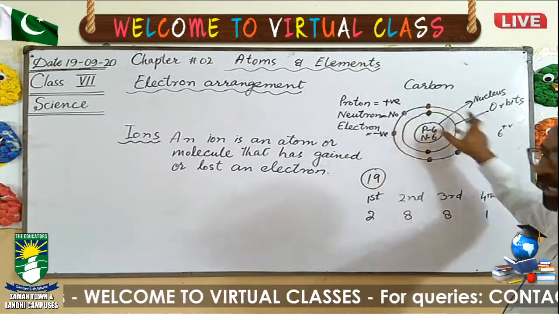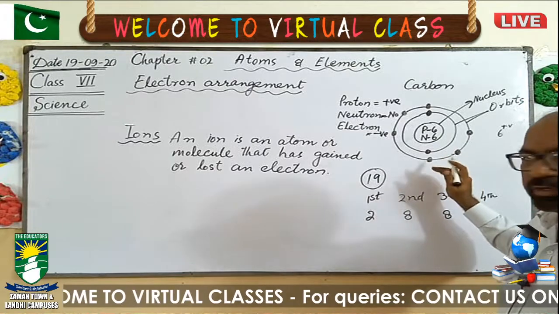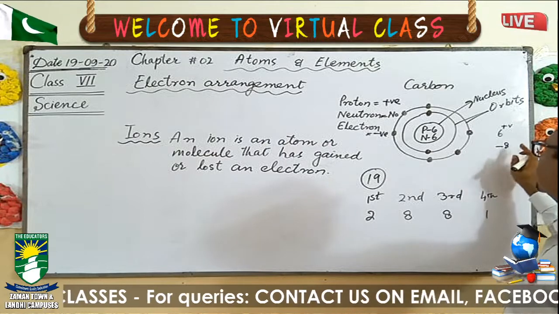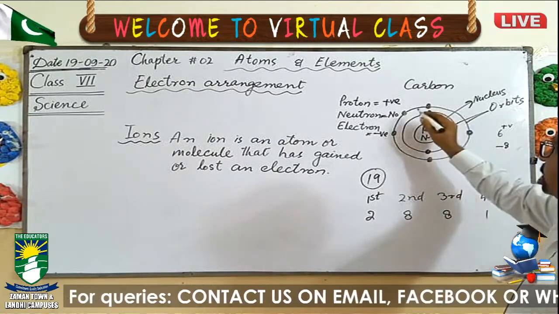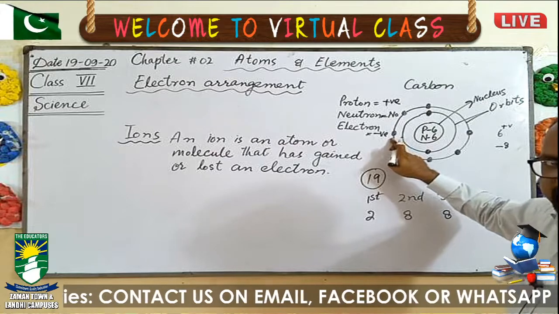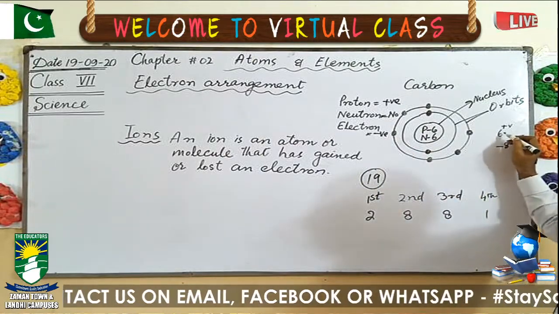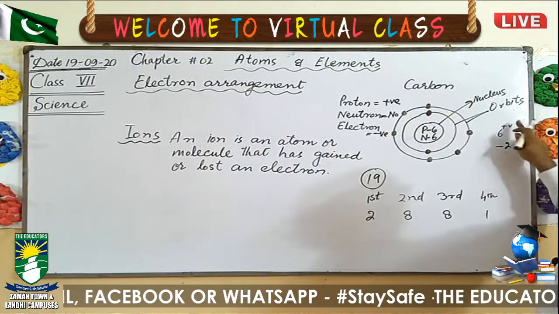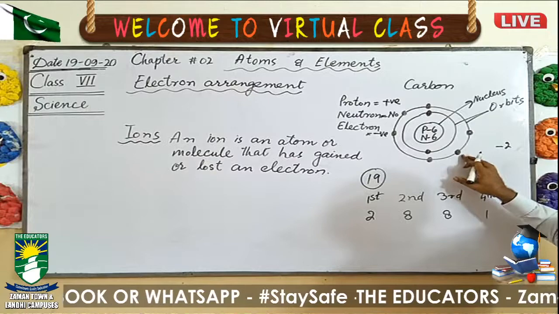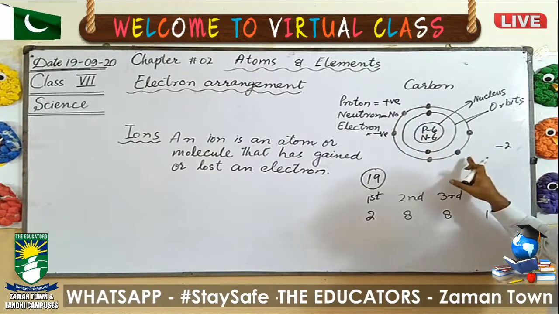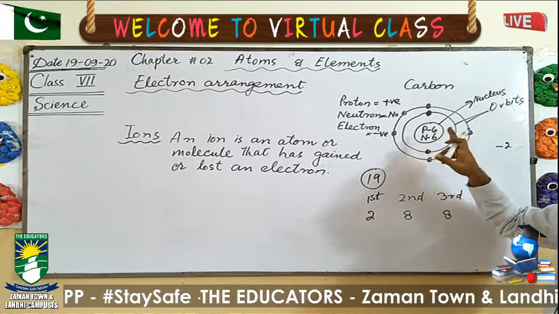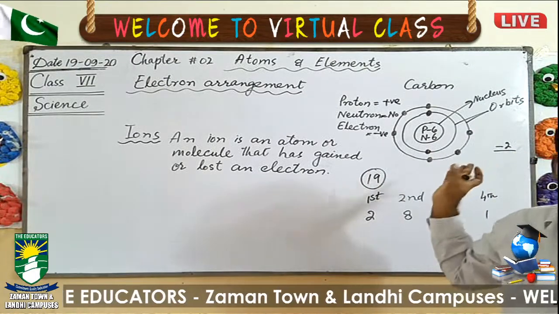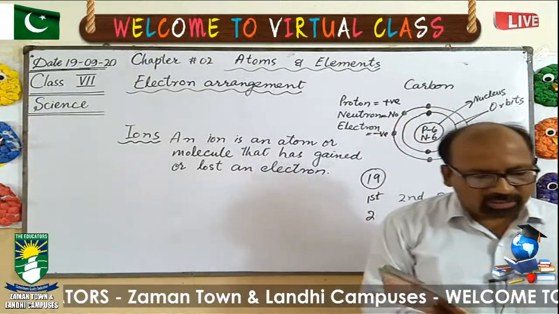Here there are 8 electrons. They have gained 2 electrons, so there will be minus 8. Because electrons carry negative charge, the 6 positive will cancel 6 negative, but 2 minus will remain because the number of electrons is more than the number of protons. It means there is 2 negative charge on this atom. So this is called an ion. Let's read.